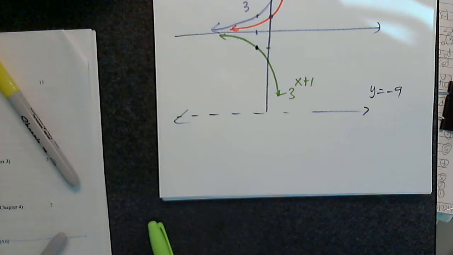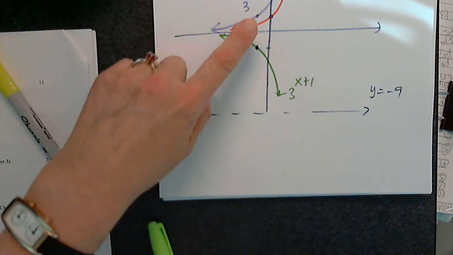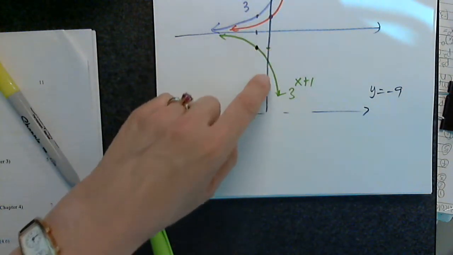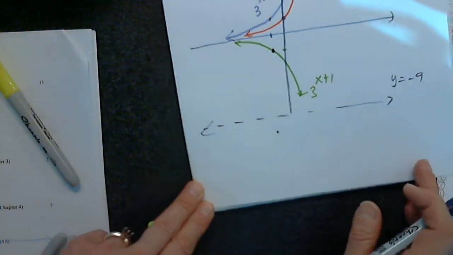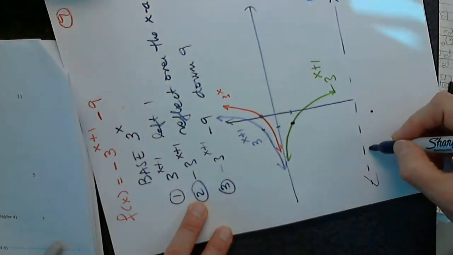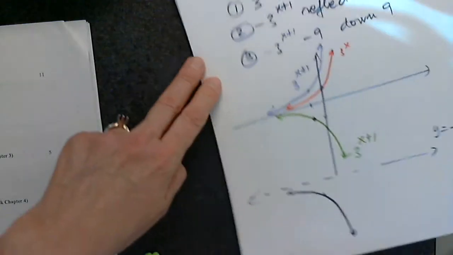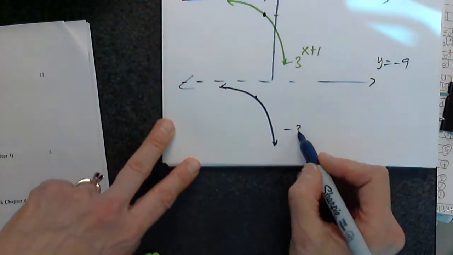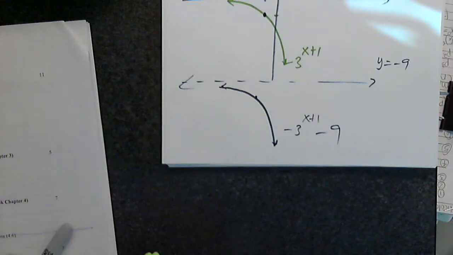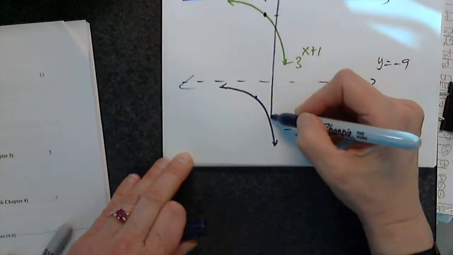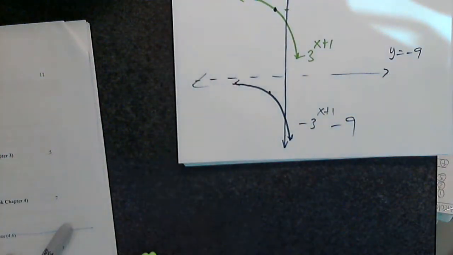Where will that point go? It's at negative 1, negative 1. Negative 1, negative 10. Exactly. So here's the graph of negative 3 raised to x plus 1 minus 9, using transformations.